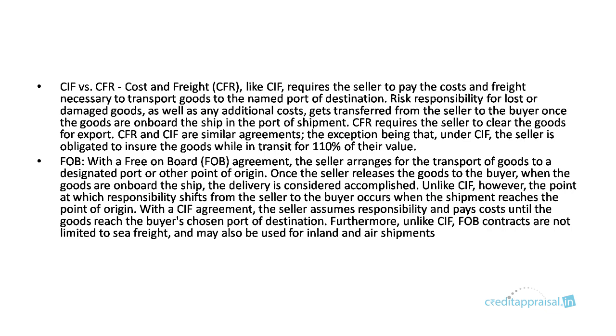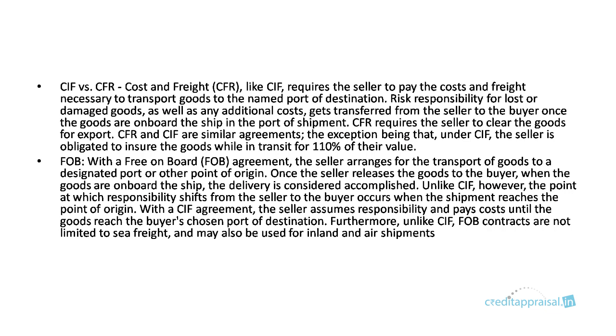Then there is another term called FOB. FOB is free on board. Here the seller arranges for transport of goods to a designated port, and once the seller releases the goods to the buyer, that is when the goods are on board the ship, the delivery is considered accomplished. Unlike CIF, the point at which the responsibility shifts from seller to buyer occurs when the shipment reaches the point of origin.